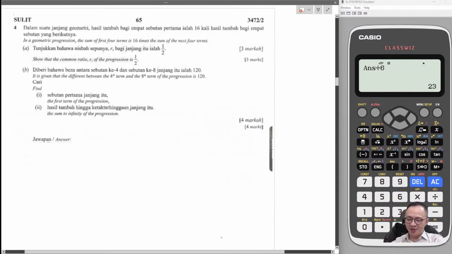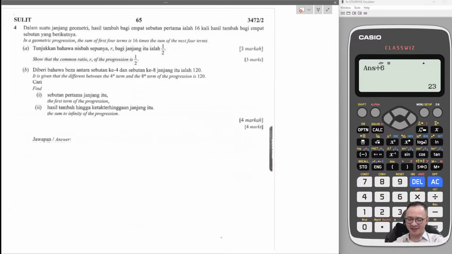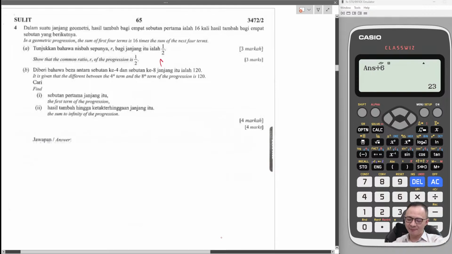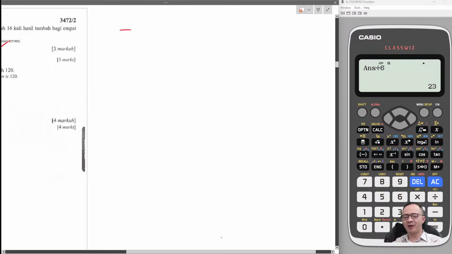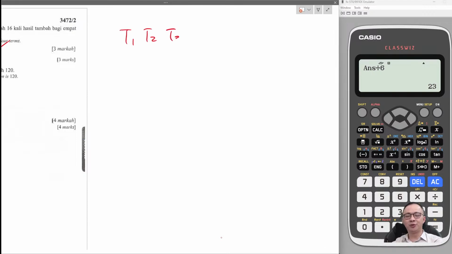So in this geometric progression, the sum of the first 4 terms is 16 times the sum of the next 4 terms. Wow. Show that r equals 1 over 2. Okay, consider this a bit challenging. It's not very hard. Imagine you have 1, 2, 3, 4, 5, 6, 7, 8.